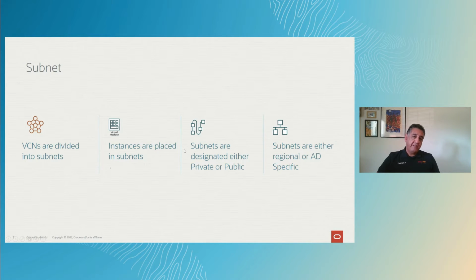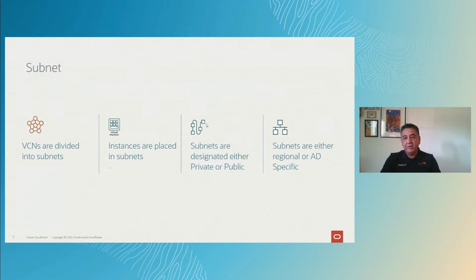That means that if they're public, you have the option of providing it with a public IP. It's optional. You can still work only with private IP addresses. If the subnet is private, then that means that you don't have a choice. No choice for you to provide a resource in a private network with a public IP address.